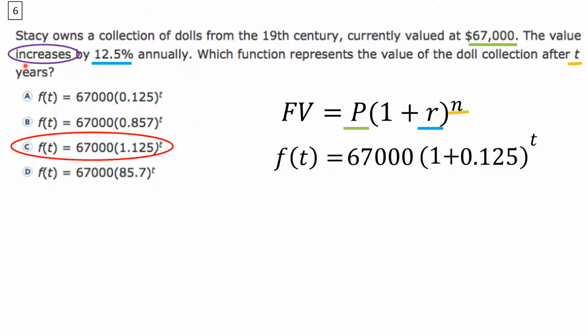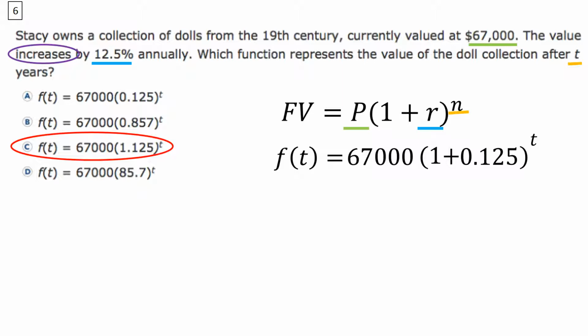The simple fact that it increases means our base has got to be bigger than 1. So b is out and a is out. And honestly, d is just way too big a base. That would be an 8,000 something percent increase.